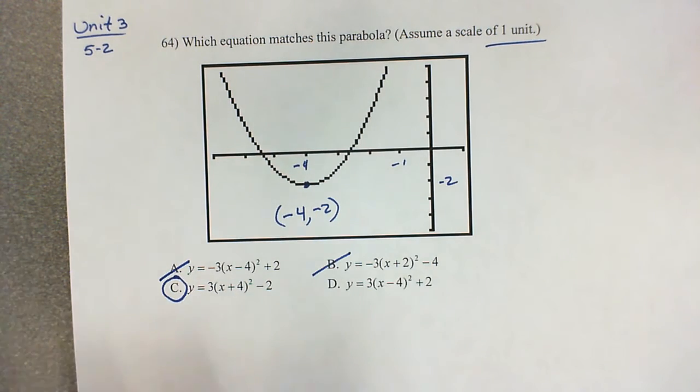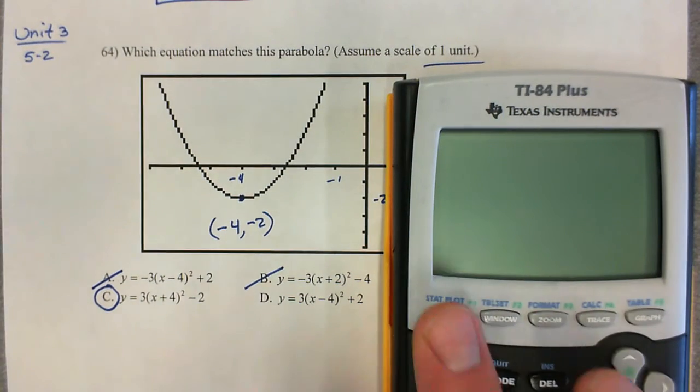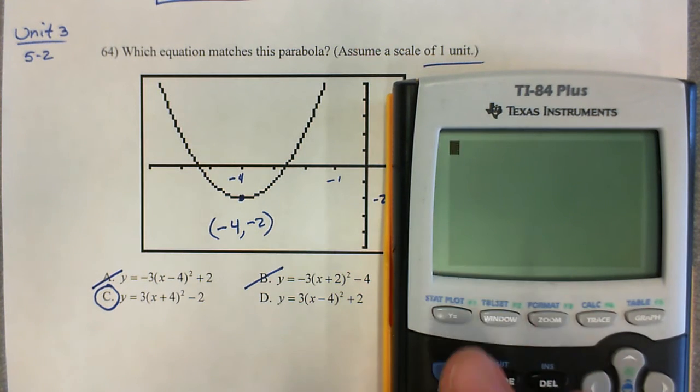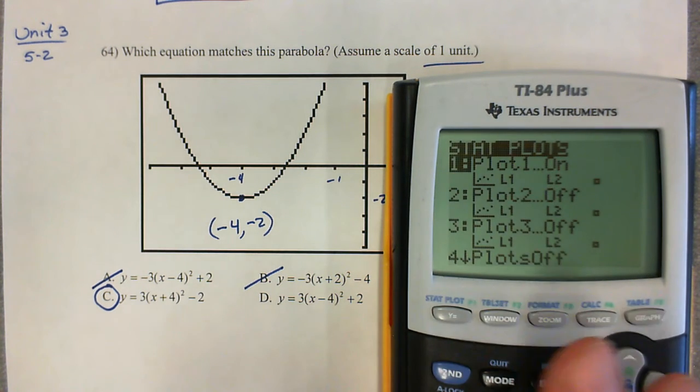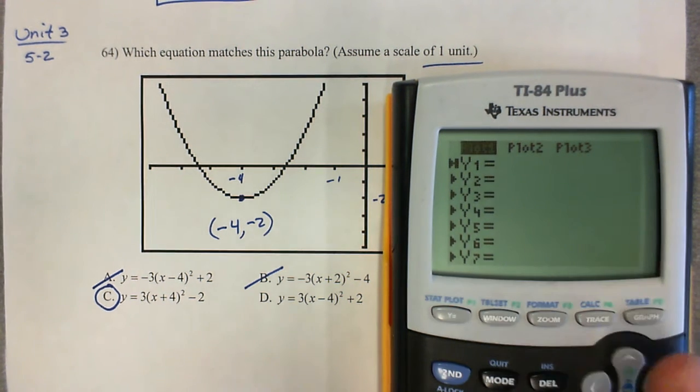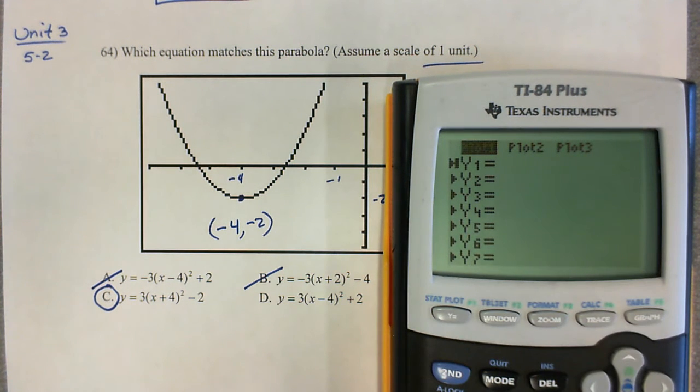Now, if you were uncertain, we could go ahead and plug this in the calculator. Now, you would want to make sure that your equations are cleared. Make sure your plot's not on, so you might have that on from previous question. So make sure your plot's off.